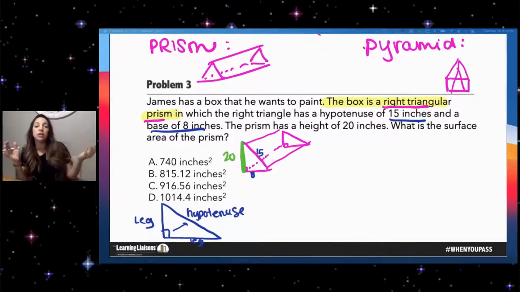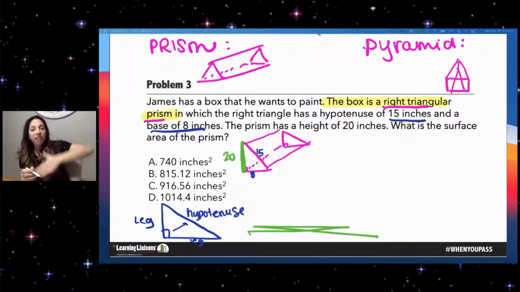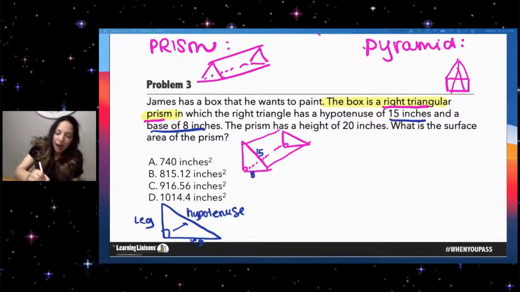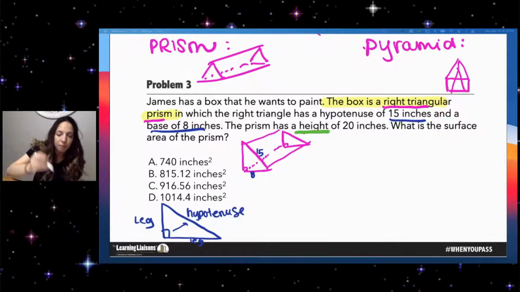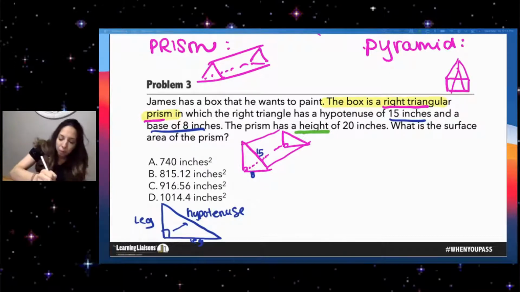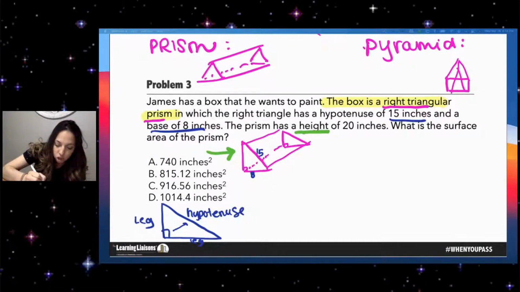Because what do we think of when we think of height? We think of how tall something is. And so if we call this the floor, that would be how tall the shape is in the normal world. However, the height of a prism, get this in your head, the height of a prism is the distance between the two bases. However, often the prism is drawn like this, where people assume this is the base because that's what it's sitting on.